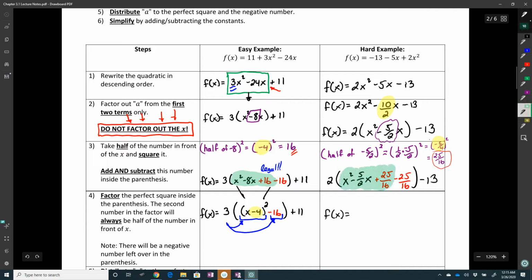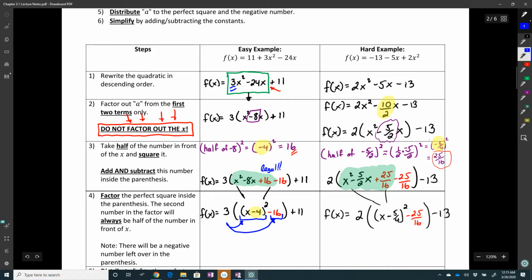It seems really ugly, but those three terms factor into x minus the number before you squared it, 5/4 squared. There's still the 2 in the front. Oh, sorry. I still got the minus 25 over 16 out here. I still have the 2 out front, minus 13.